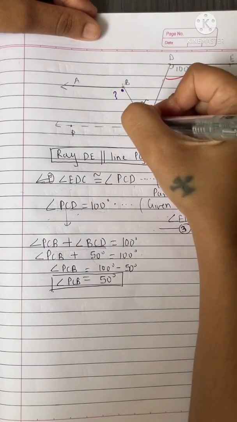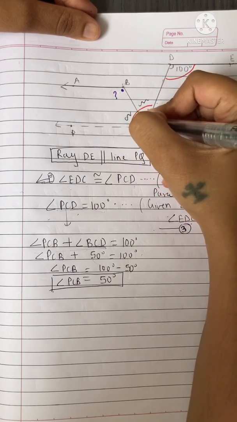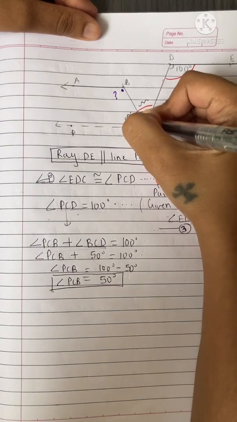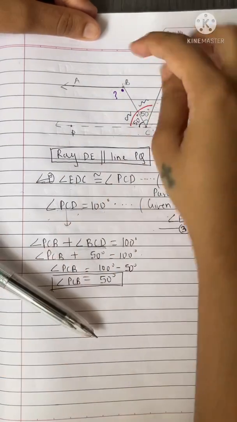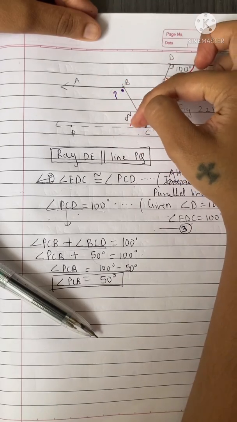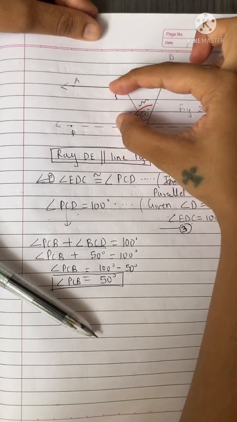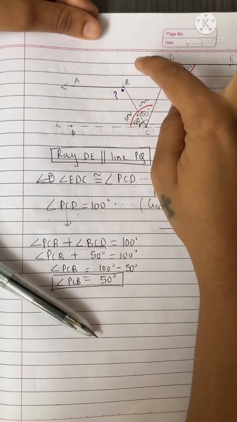Now once we have this angle, I'll mark this angle as also equal to 50 degree. We get this angle equal to 50 degree. Now we can use these two lines to find out this angle, because we already know this angle. So I'll use these two lines because we already know, when we did this construction, what did we do?